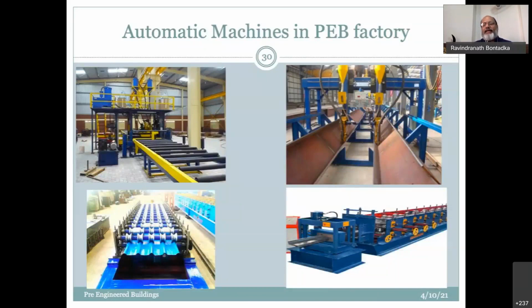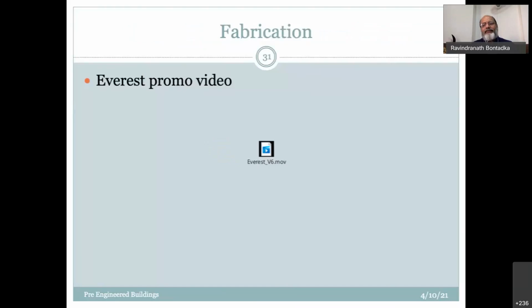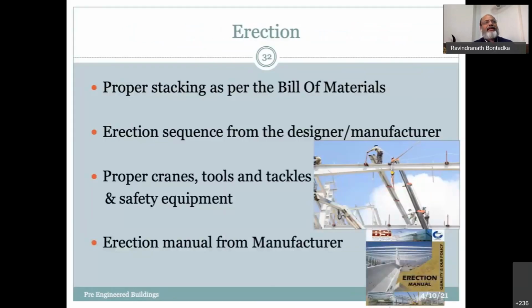The sheets can be, and these are also for the HR profiles. So all these things will be covered there. I would always suggest that all engineers should visit at least one of these facilities to get knowledge of how the PEB is manufactured. You can always go and visit the PEB manufacturer's facility. You'll get a greater idea.